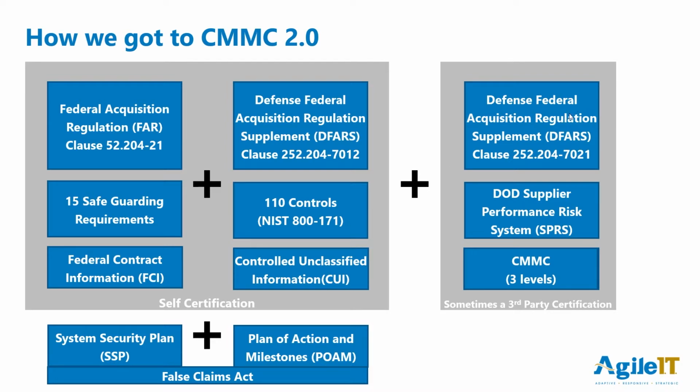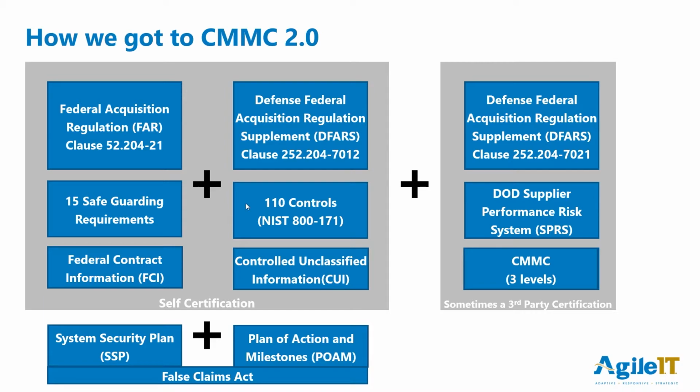Now, with CMMC 1.0, that was put into action by DFARS 7021, and the rest of this is extraneous data. If you want more information, you can watch the video we just did that talks about how we got to CMMC 2.0. But it is important to remember that DFARS 7021 did not eliminate 7012. DFARS 7012 did not eliminate the FAR. These all stack on top of each other.